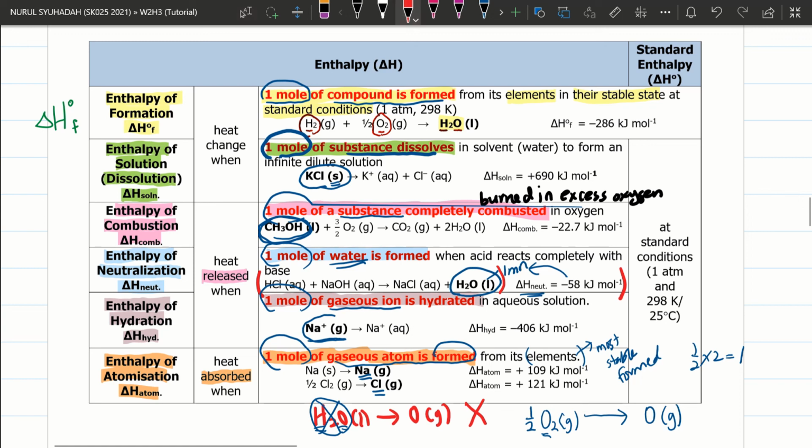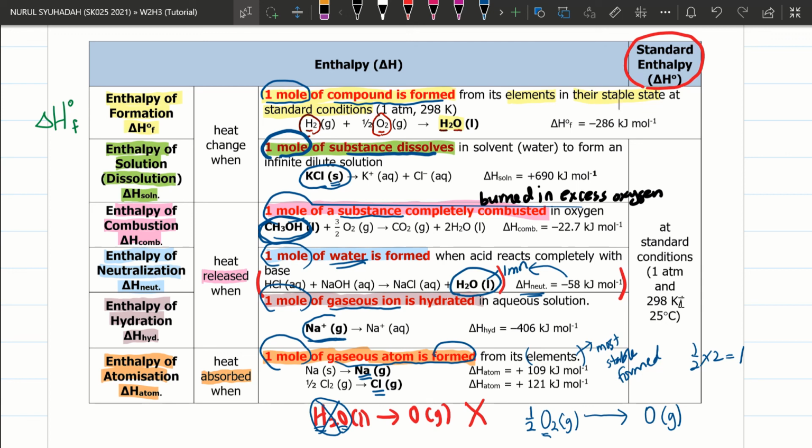But if it asks for standard enthalpy, for example the standard enthalpy of atomization, how are you going to state the definition? It is heat absorbed when 1 mole of gaseous atom is formed from its element at standard condition of 1 atm and 298 Kelvin, or you can write the temperature as 25 degrees Celsius.